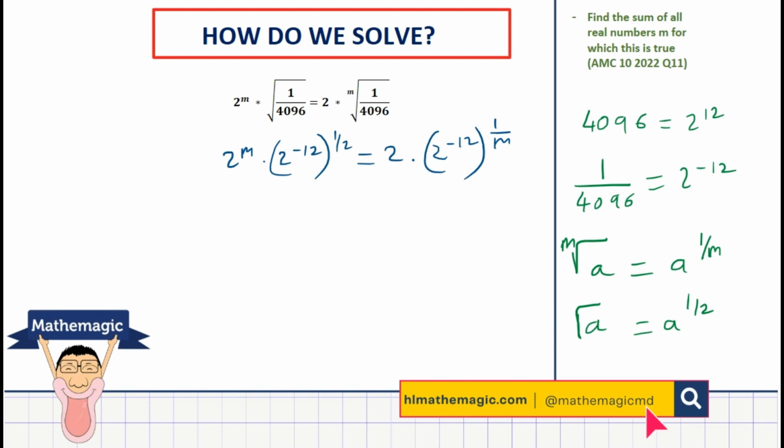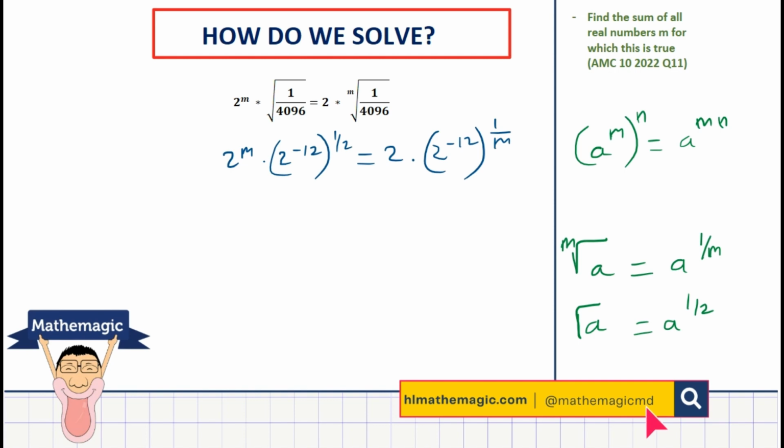And now we need to use another rule here, noticing that when you use exponents and you have a power to a power, you can say that a to the power m to the power n gets multiplied and becomes a to the power mn. We can use that for both the left hand side and the right hand side.